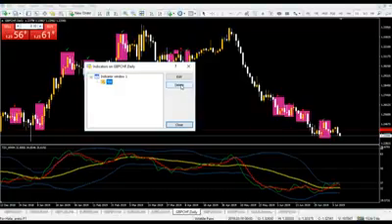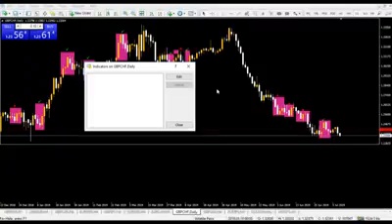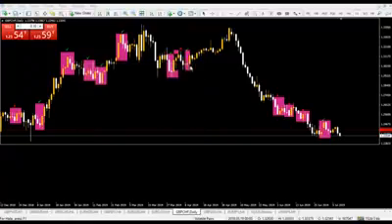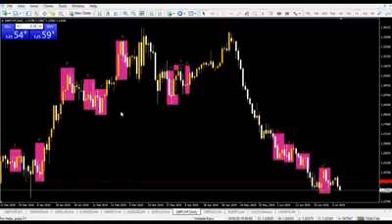So if we would have gone into this as a naked chart, we see again we would have won a total of 8 trades and lost 5 trades.